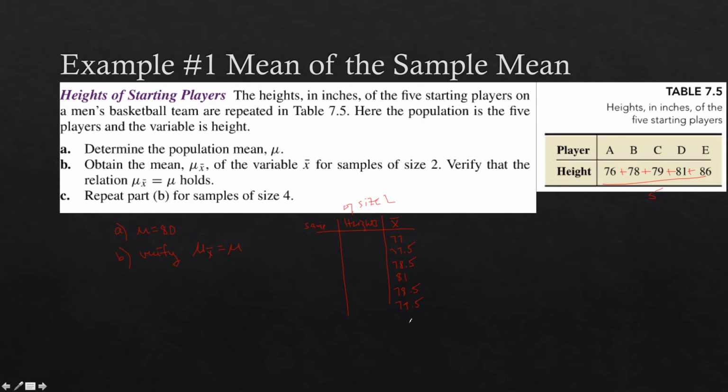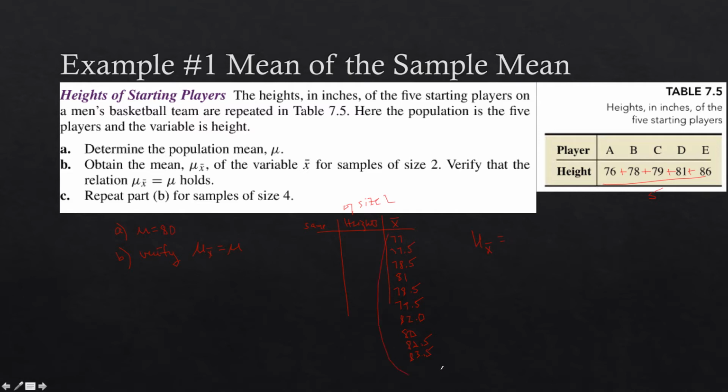Alright, so 82, 80, 82.5, and 83 and a half. 1, 2, 3, 4, 5, 6, 7, 8, 9, 10. All right, that's all 10. So the mean of the sample means is basically this.